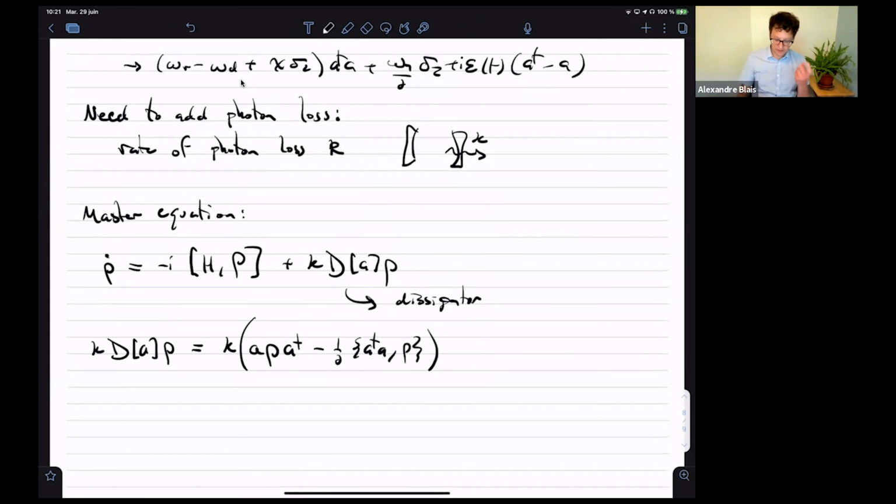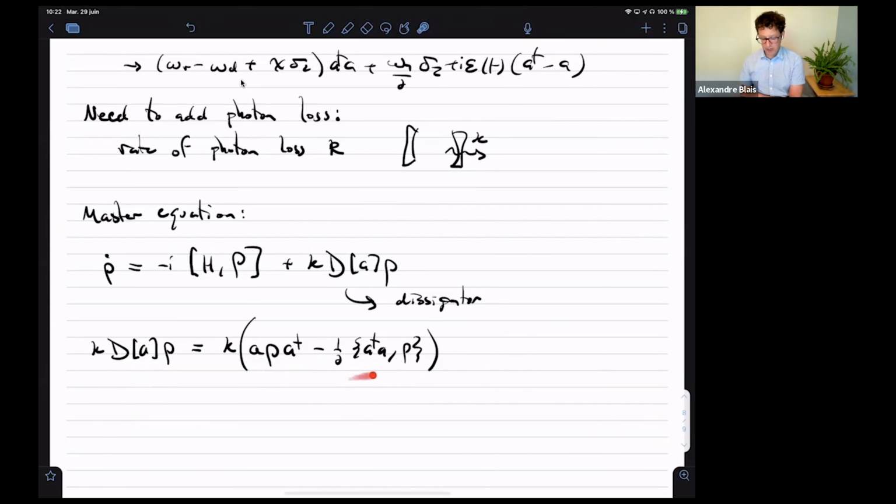In the dissipator, you can put any operator. Here I've chosen to put A, the operator which removes a photon, because I want to talk about photon loss. Now this dissipator looks like this. It has a bit of a weird term, which is A, the operator that I took, times rho, times the conjugate of this initial operator.